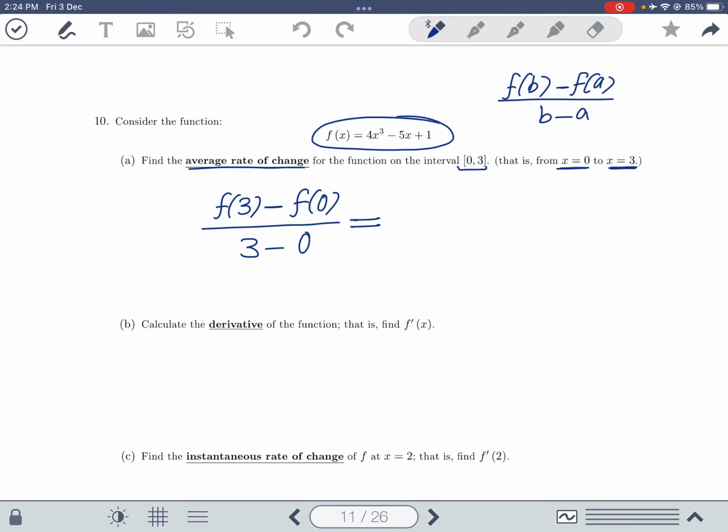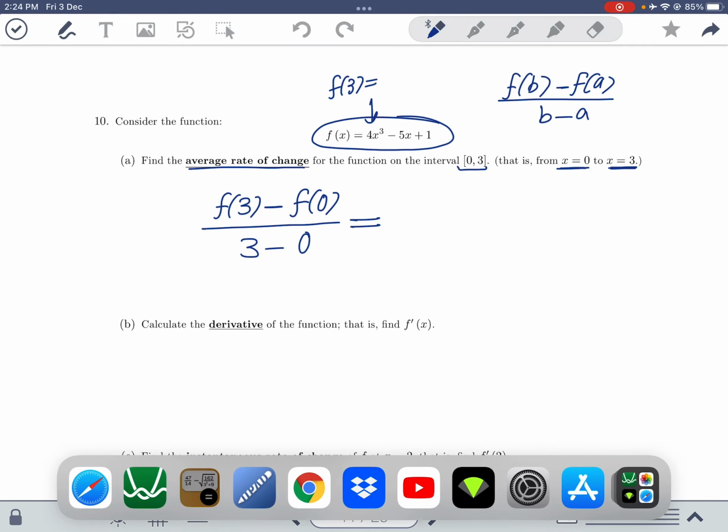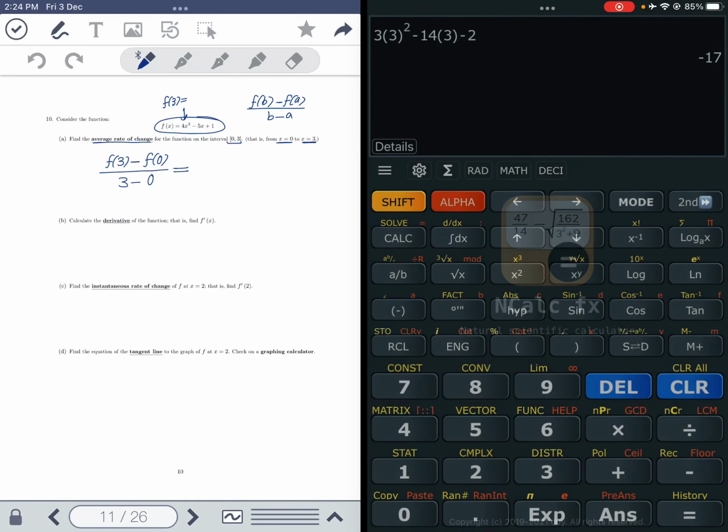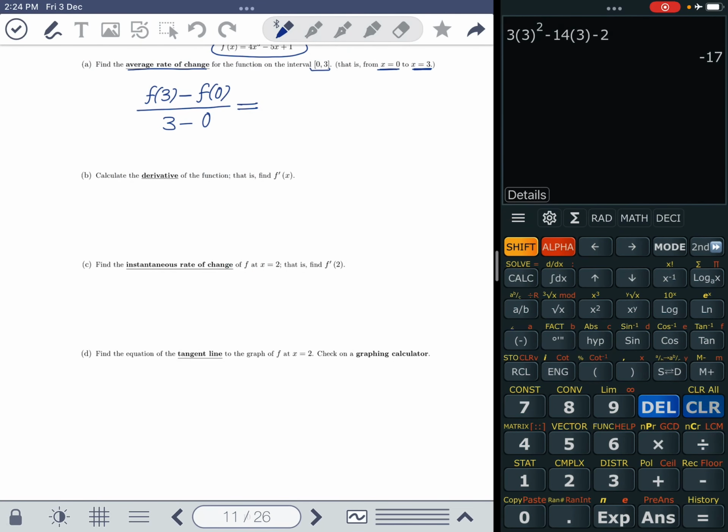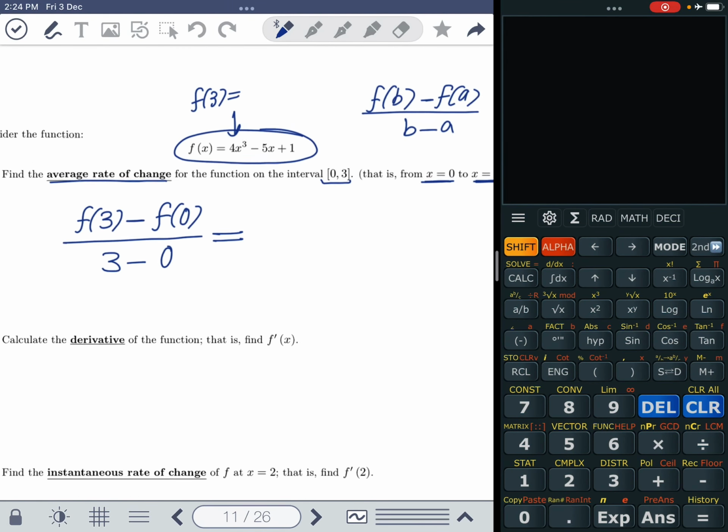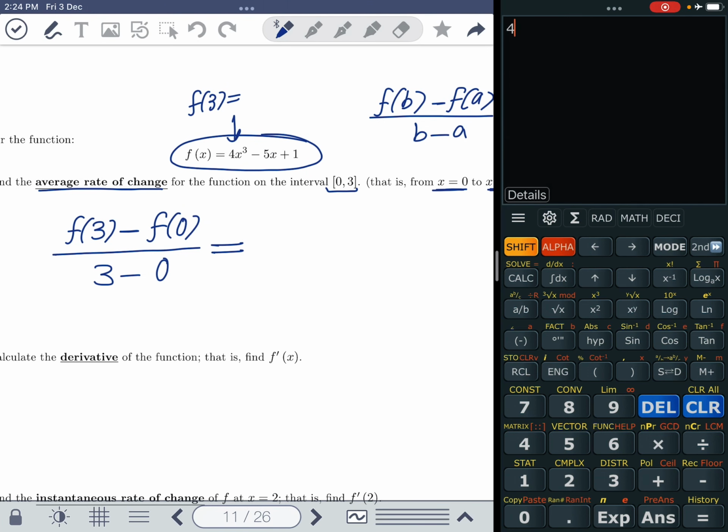So f of 3, so put here 3. What is f of 3? Let's use a calculator to do it. Even though we can do it by hand, for this it's faster to use a calculator. So 4 times 3 cubed minus 5 times 3 plus 1 equals 94.